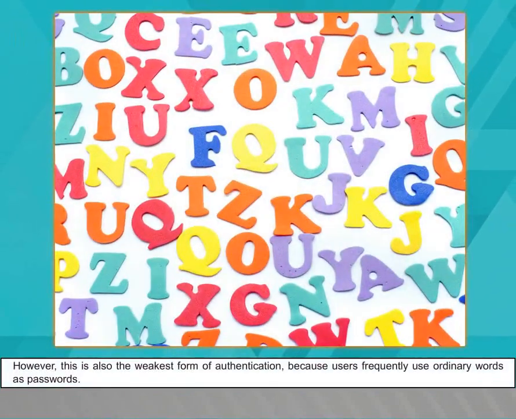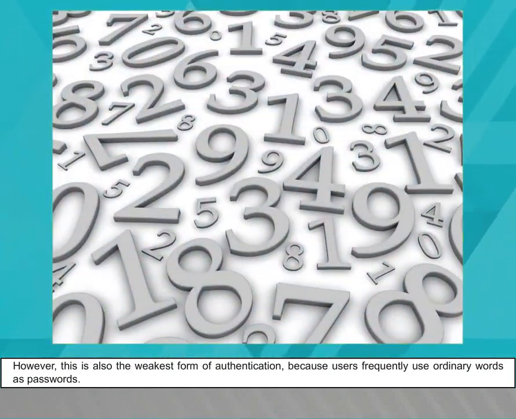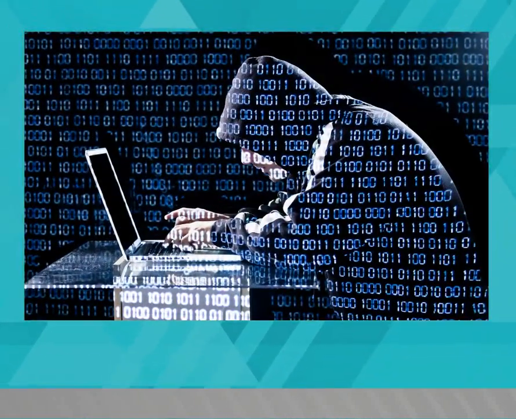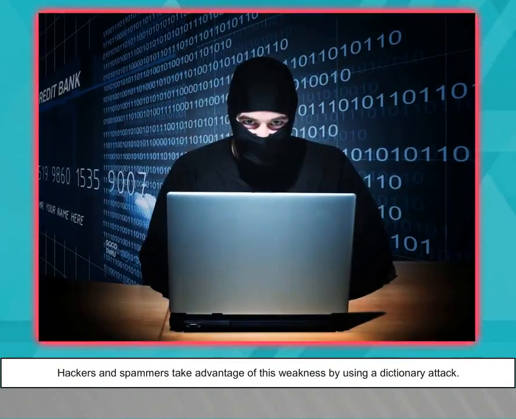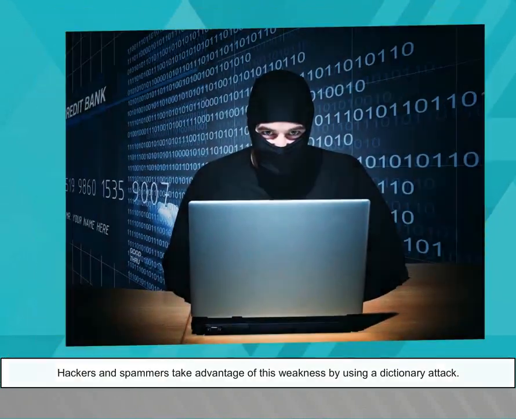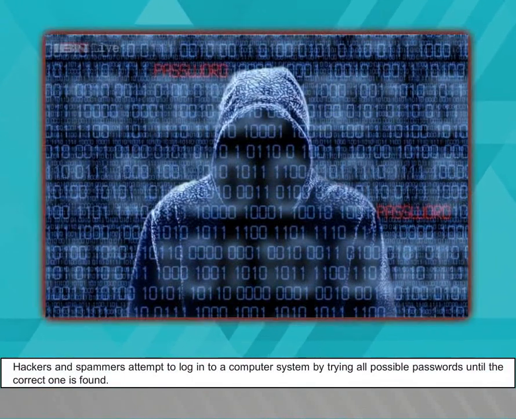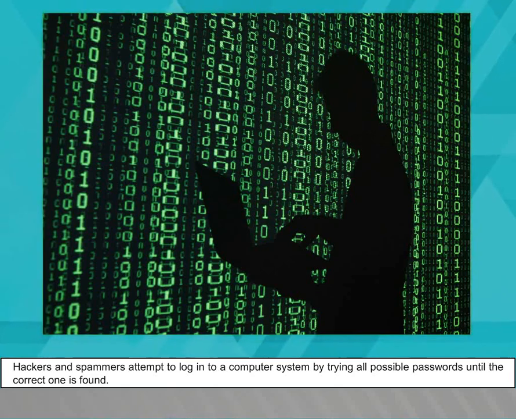However, this is also the weakest form of authentication because users frequently use ordinary words as passwords. Hackers and spammers take advantage of this weakness by using a dictionary attack. They attempt to log into a computer system by trying all possible passwords until the correct one is found.